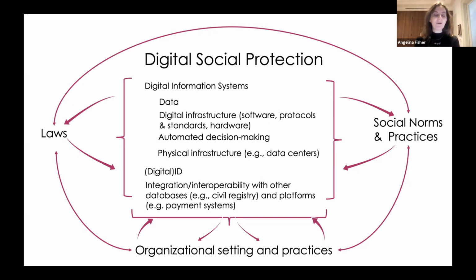They will shape how the digital infrastructures are designed, how data is formed, in what way it's aggregated, who can access it, who controls the APIs, and so forth. So I think it's important to think about these as interlinked and co-constitutive.